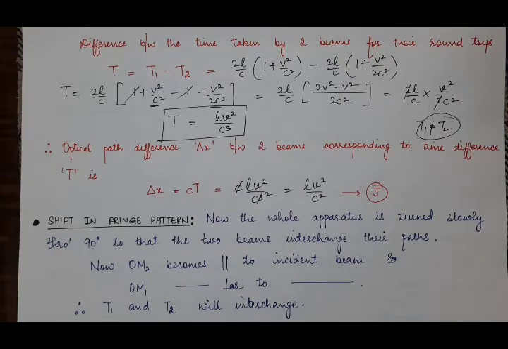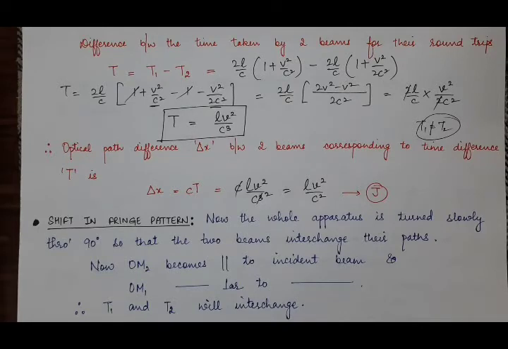It means now the two beams will interchange their path. Now this OM2, which was initially perpendicular to the incident beam, will become parallel to the incident beam, and OM1 will become perpendicular to the incident beam. It means both the times, capital T1 and capital T2, will interchange.